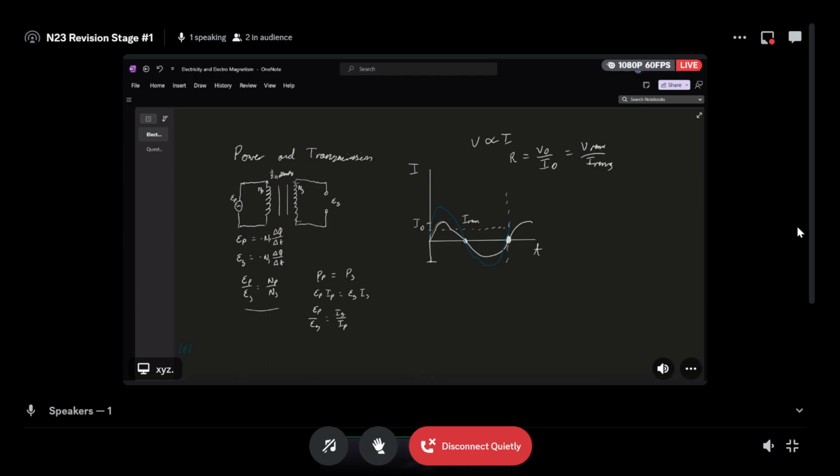It's a bit higher amplitude, but this is V naught. What you get is that the power is always positive because you multiply two negatives and you get a positive. So its power will always be positive, and the maximum power will simply be V naught times I naught, because that is taking this point and that point.